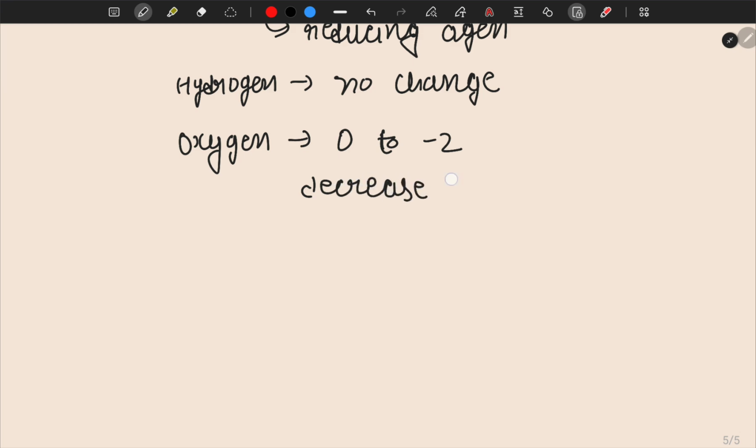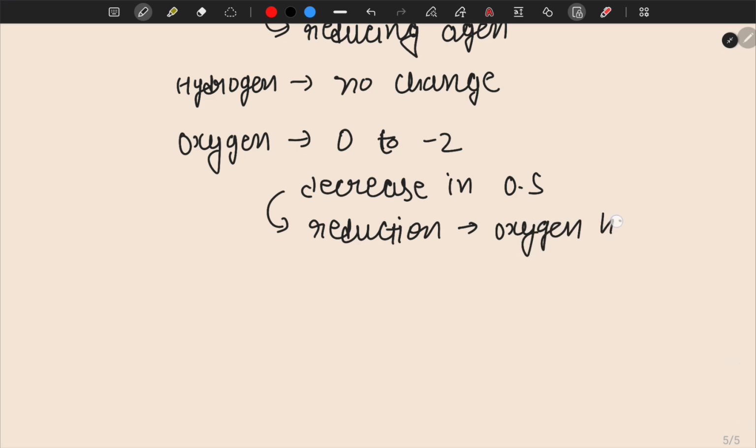a decrease in oxidation state. This means reduction. So we can say oxygen has been reduced because the oxidation number decreased. And if it has been reduced, who reduced it?